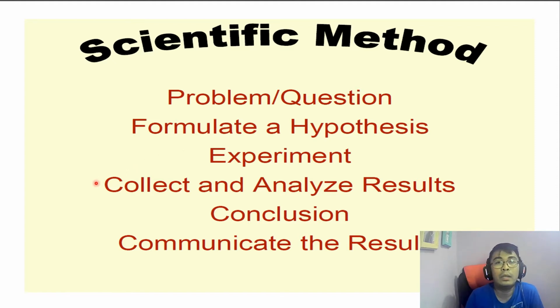Fourth, collect and analyze results. Fifth, you need to draft your conclusion. And then last is for you to communicate the result. So this is how the scientific method is being summarized. I hope you can recall these procedures.